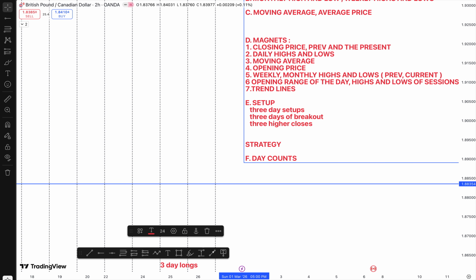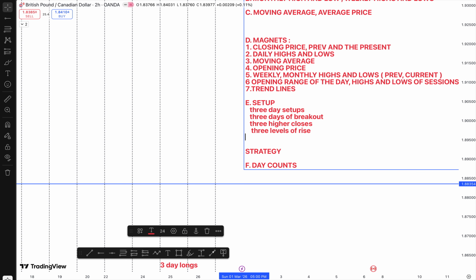We want to look for 3 levels of rise. We want to look for signals after this market has presented the moves from 3 days: 3 higher closes, 3 levels of rise, and 4.